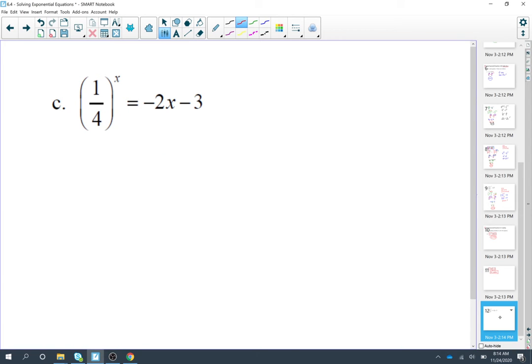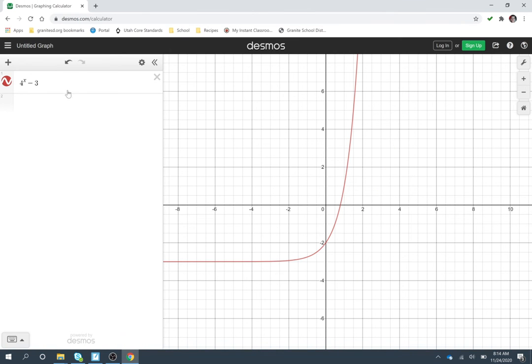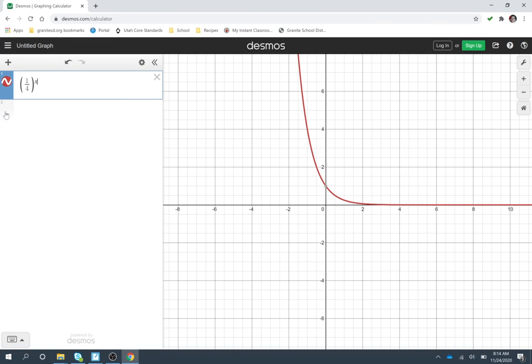Letter C, same idea. We're going to graph the left. We're going to graph the right. And we're going to see what happens. The left equation, I'm going to put a parenthesis, 1 divided by 4, and then I'm going to close my parenthesis to the power of x.